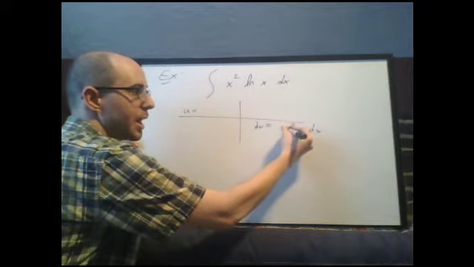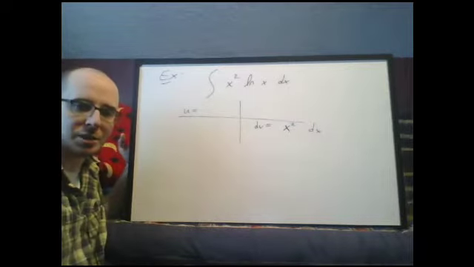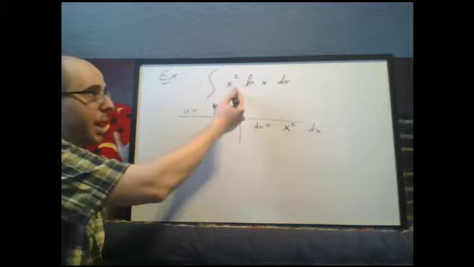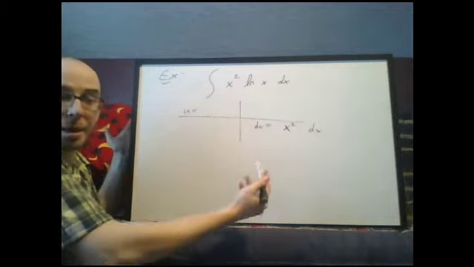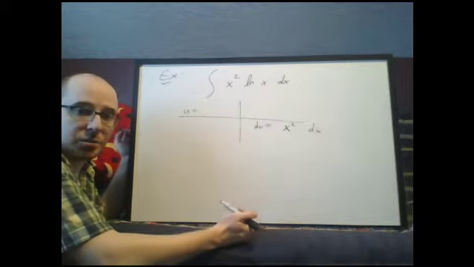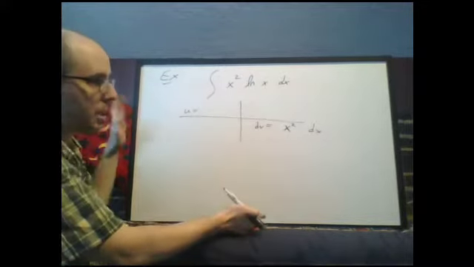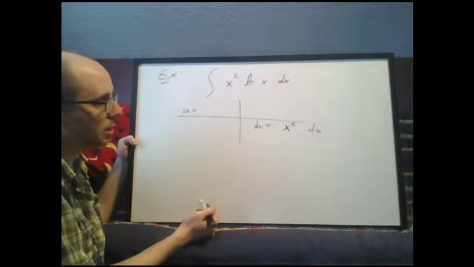Now, it's possible that there might be some non-obvious choices. Maybe I would want to put x there and put x ln x, the remaining x and ln x, here. That might be something I could do, but let's try the obvious things first. You don't want to get into weird choices like that unless you absolutely have to. I put x squared as dv.